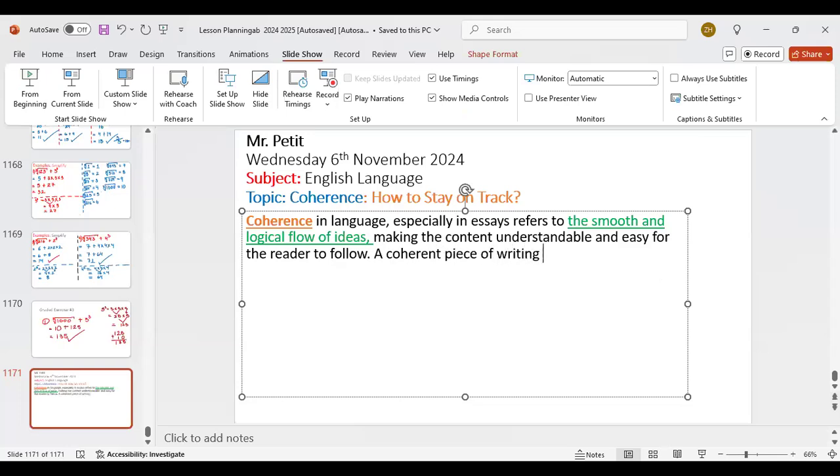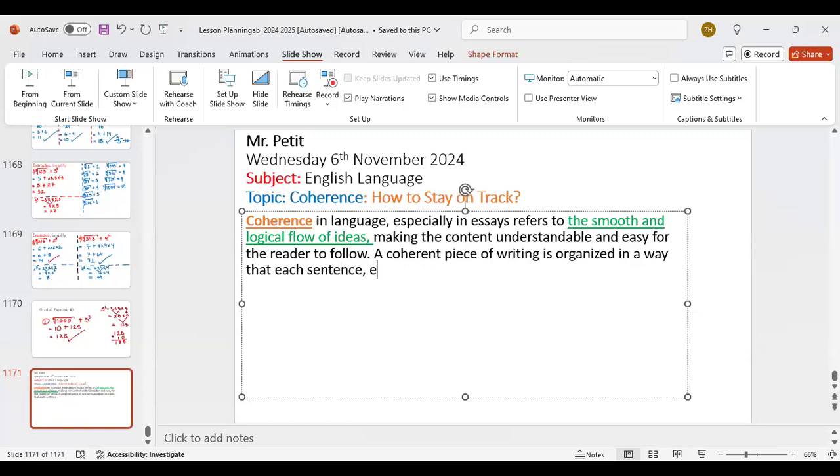A coherent piece of writing is organized, this is my favorite part, in a way that each sentence, right?